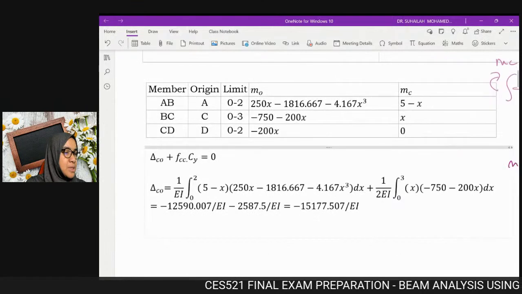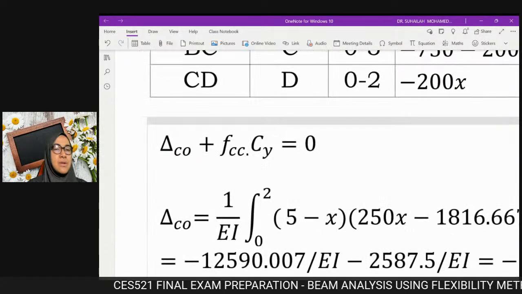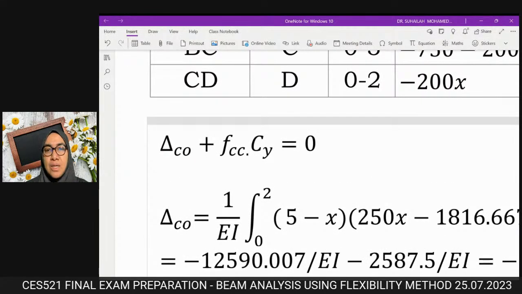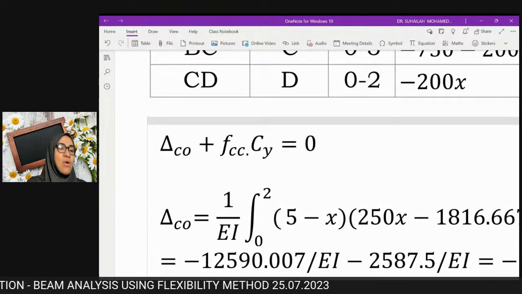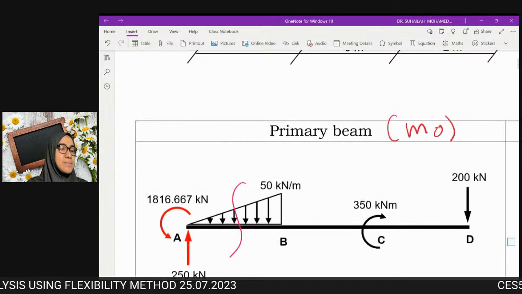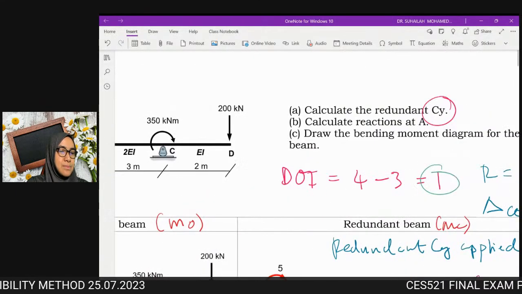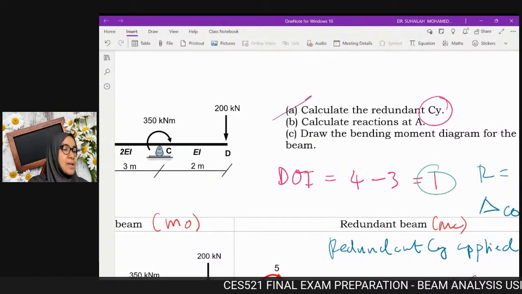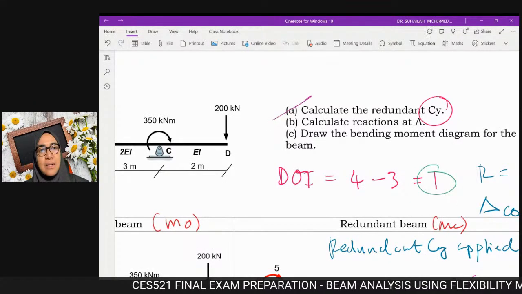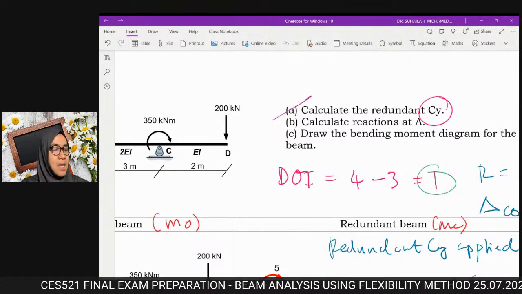Then by solving this equation, we get the CY value. So that is the answer for A. We calculate the redundant CY value.